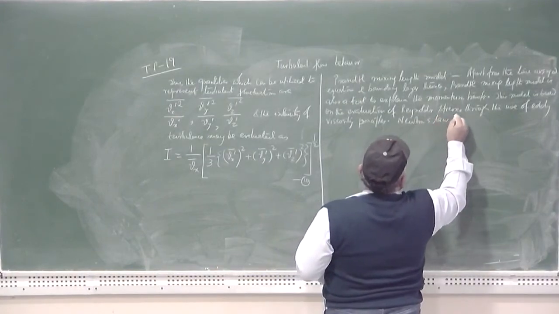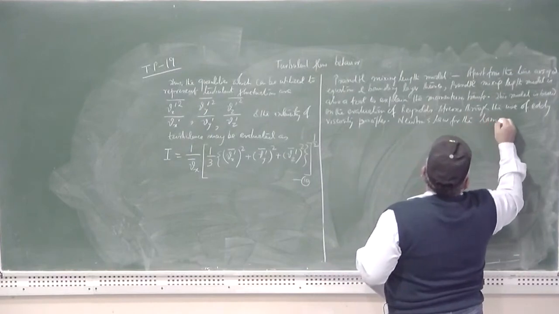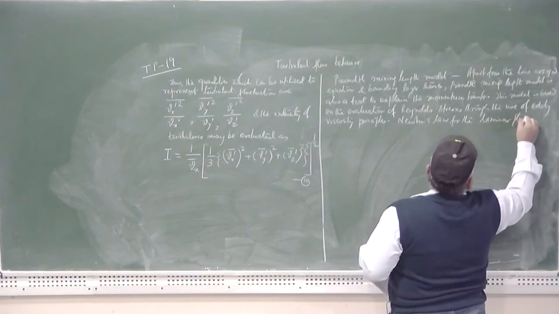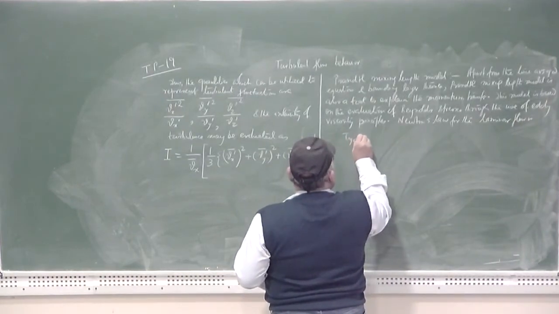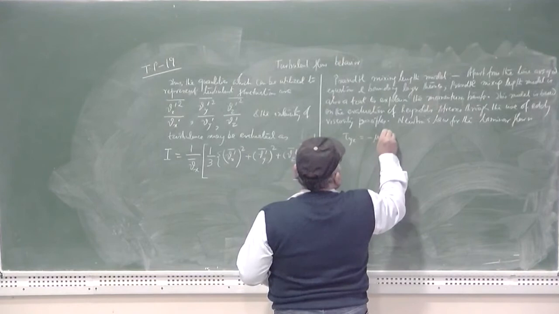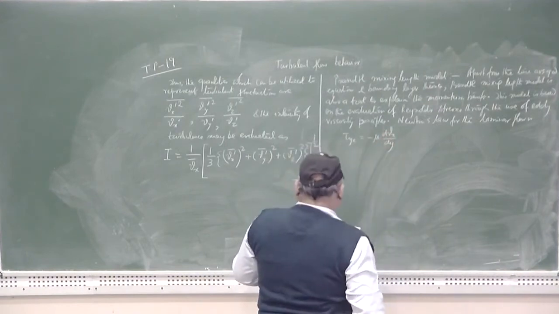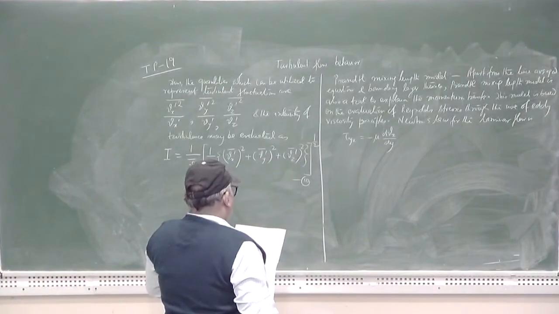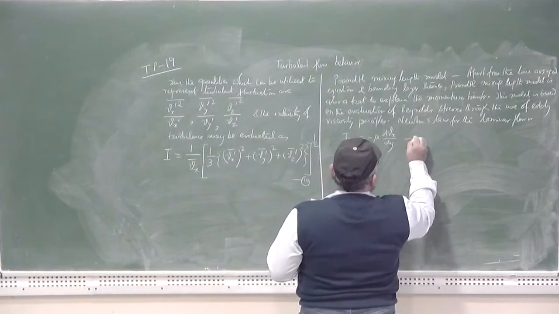Newton's law for the laminar flow is tau yx is equal to minus mu dVx by dy. Let it be equation number 11.